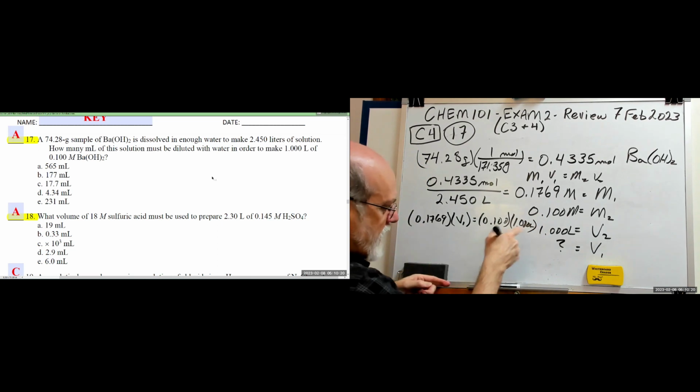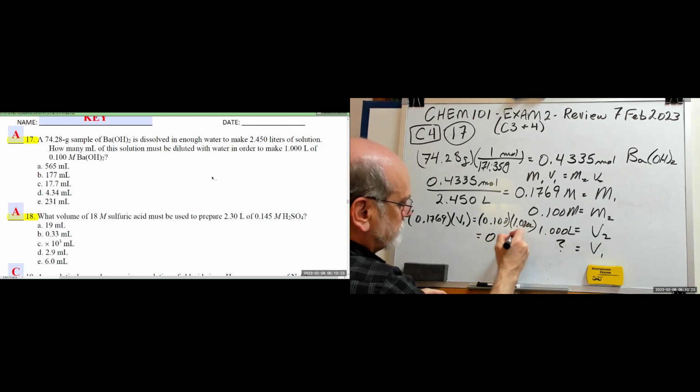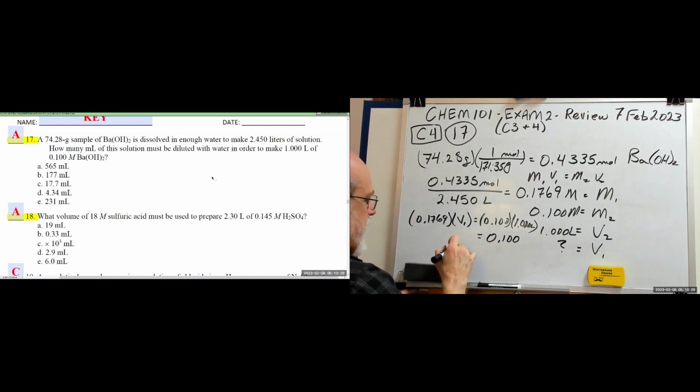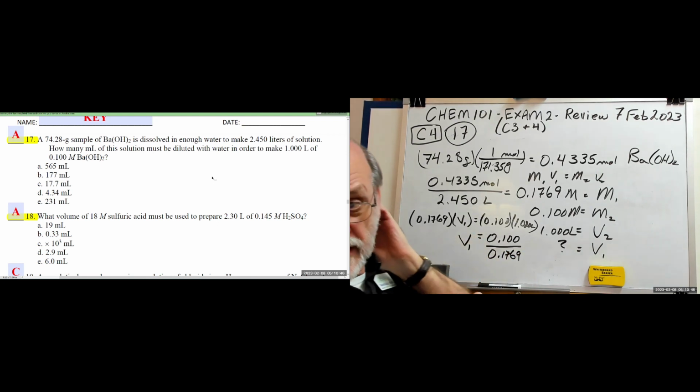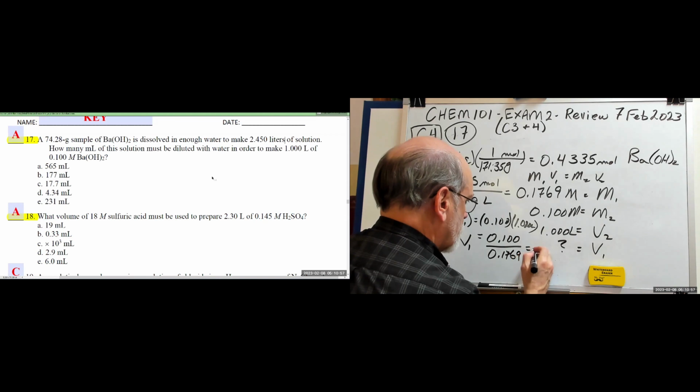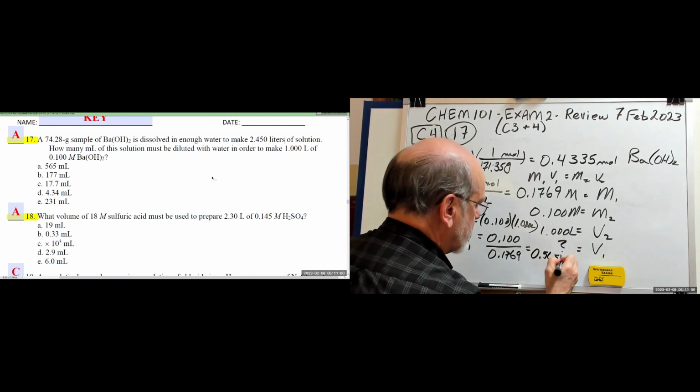Okay, so this side is still 0.1. And now we have this one unknown times that. So if we take this one out of the numerator here and put it in the denominator here, then that's equal to the unknown volume. So we'll take that and divide it into 0.1 and get 0.565 liters.